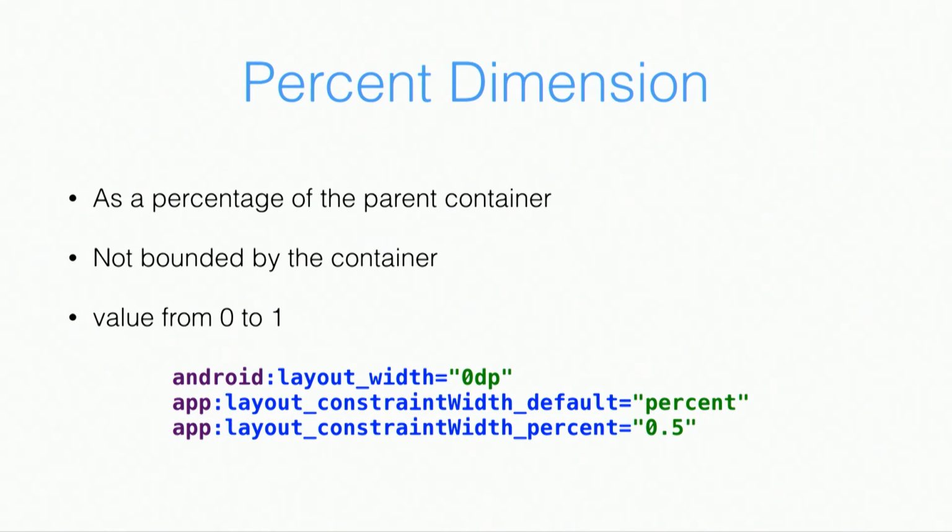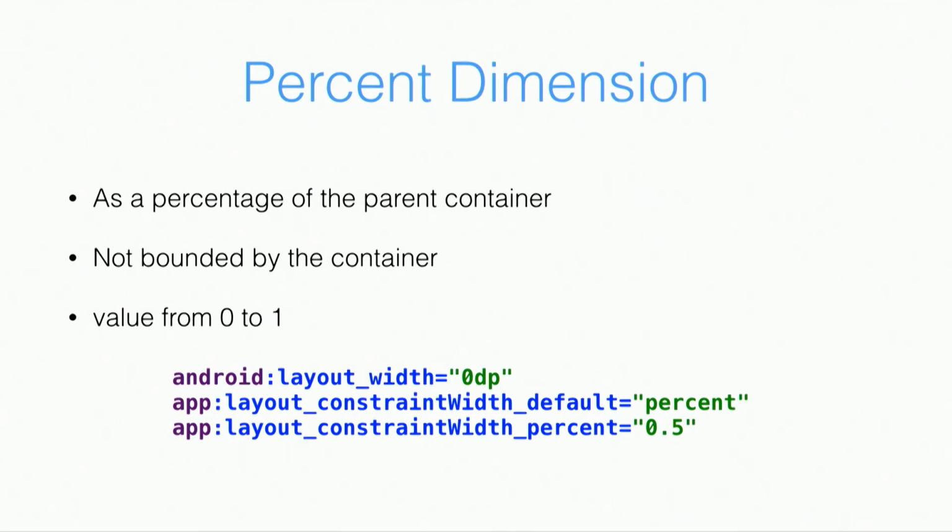Another thing we added was percent dimension. Again, that's part of this dimensional constraint stuff. You have to mark it as 0dp, match constraint, and you have to change the default to be, well, percent. That's actually another reason why we did it that way, because it allows us to more easily define multiple versions of whatever we want the behavior to be.